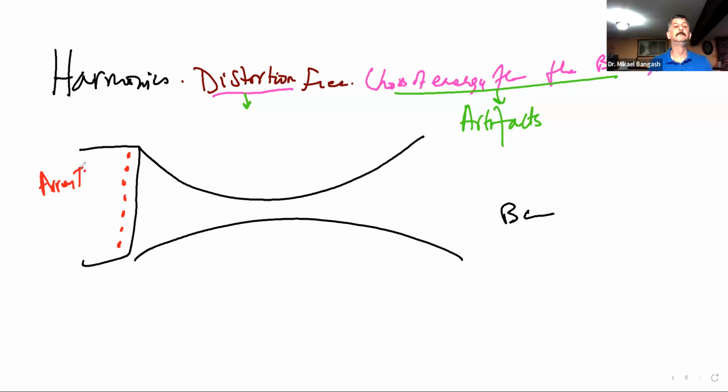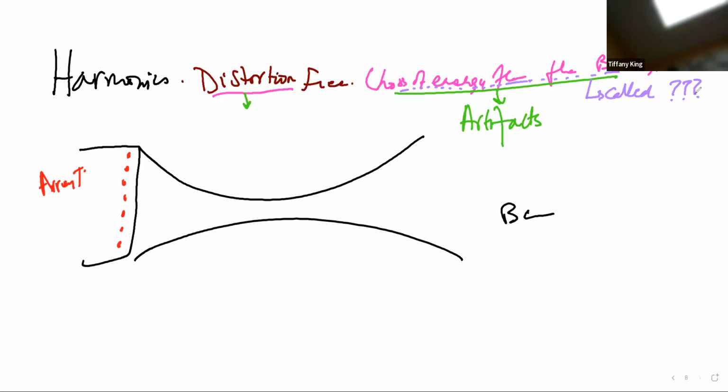Did that make sense? Now, what would we call the loss of energy from this beam here? If this beam was going to lose energy, what did we call that loss of energy? Distortion, no. Attenuation, no.